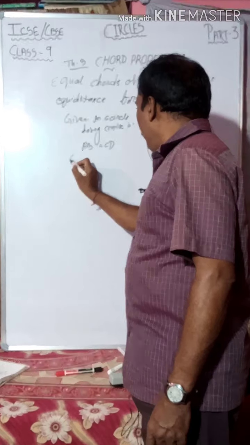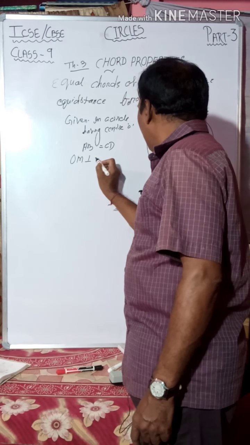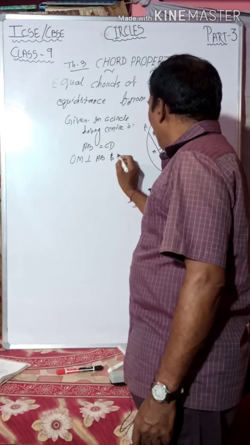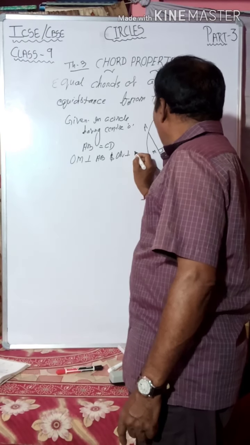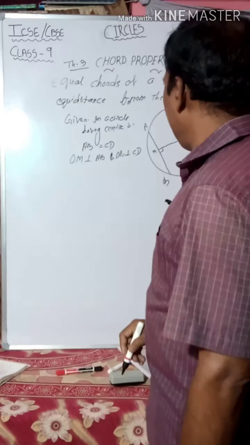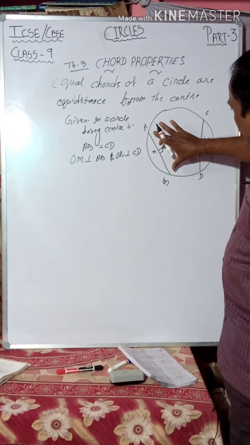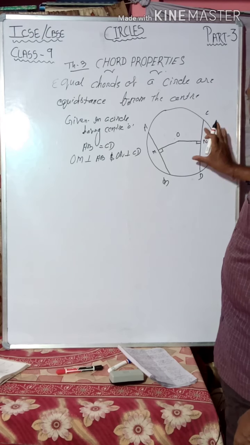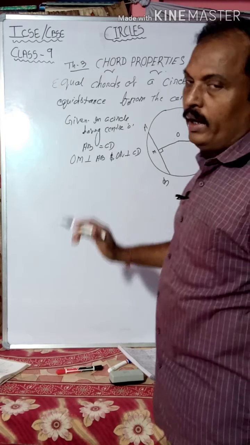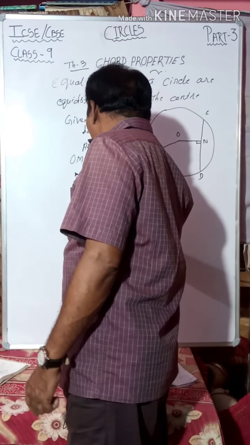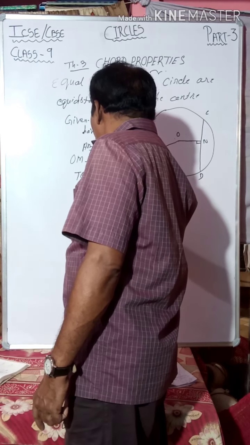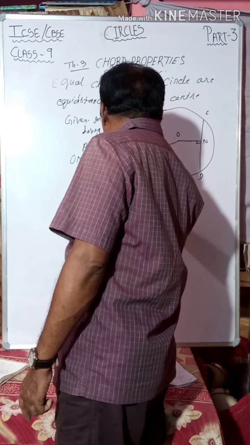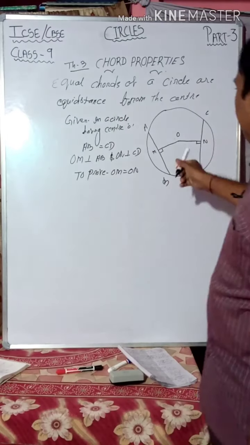Means OM is perpendicular to AB and ON is perpendicular to CD. So as AB is equal to CD, we have to prove OM is equal to ON, means this is the distance.